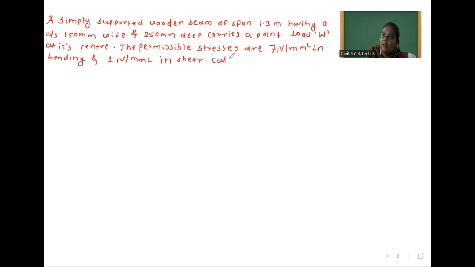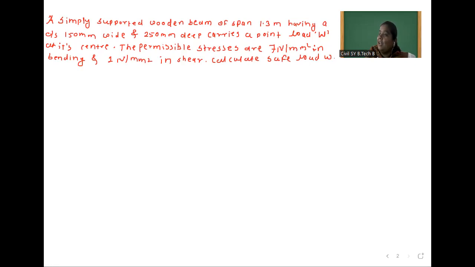So calculate safe load W. Here two types of stresses are given, bending stresses and shear stresses.